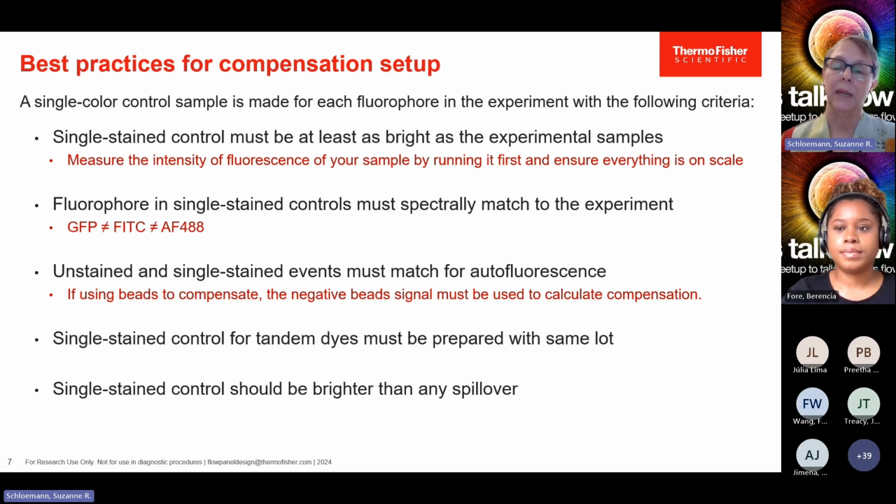And so you will need to make some adjustments to your compensation controls to make sure that the single color control is brightest of all the other spillover channels. And so you'll have accurate compensation.